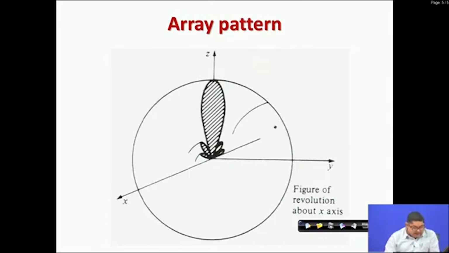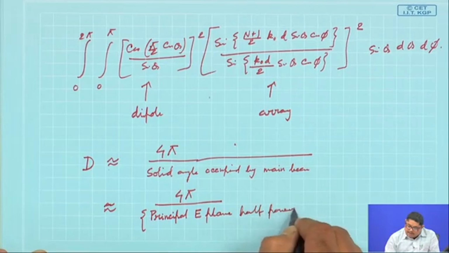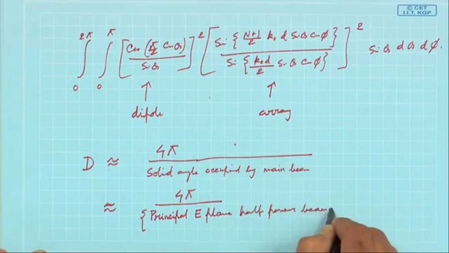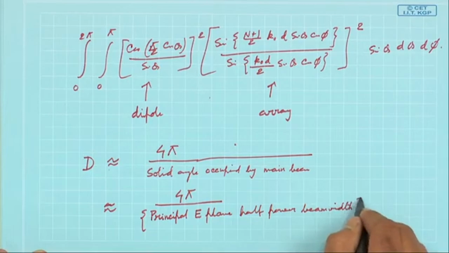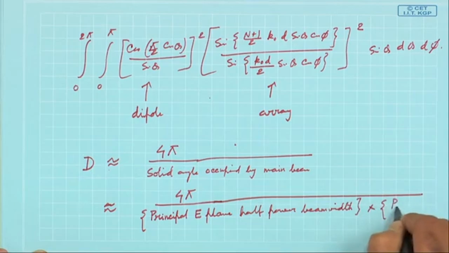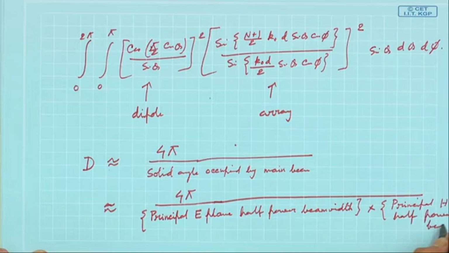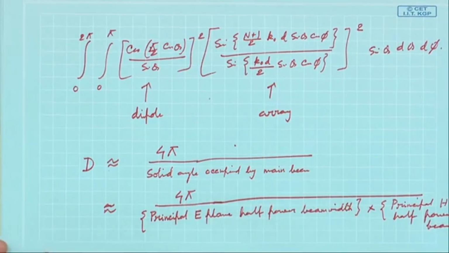So, can I say that the principal E plane half power beam width into the principal H plane half power beam width will be the solid angle occupied approximately.